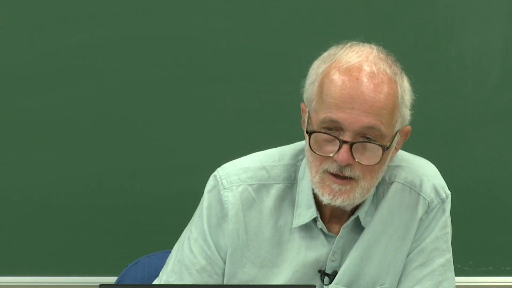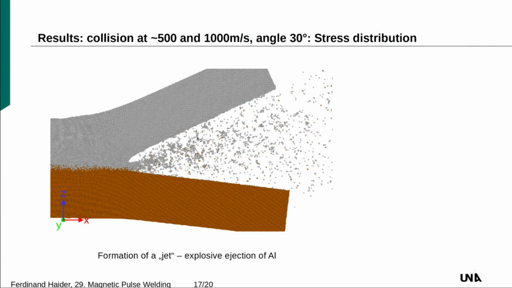shortcomings. The first is, if you look here, the thickness of these bars, I think it was 10 nanometers or so. In a real experiment it is a millimeter. And this means if you create a collision wave here, starting here, it will be reflected back here on the free surface and then going back and forth.